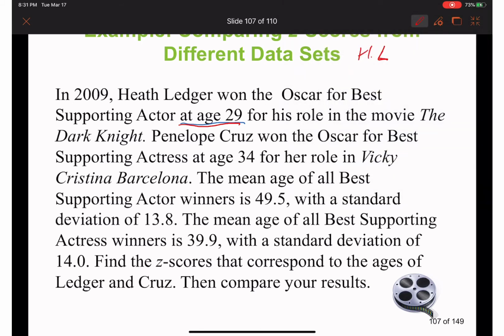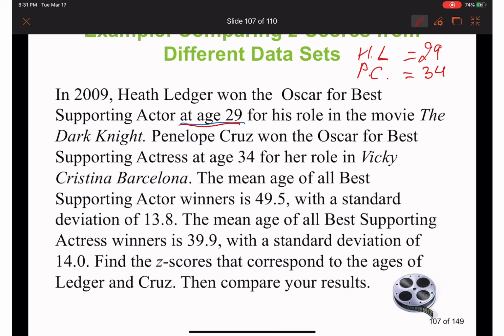Heath Ledger at age 29. Penelope Cruz won the Oscar for Best Supporting Actress at age 34, for her role in Vicky Cristina Barcelona.